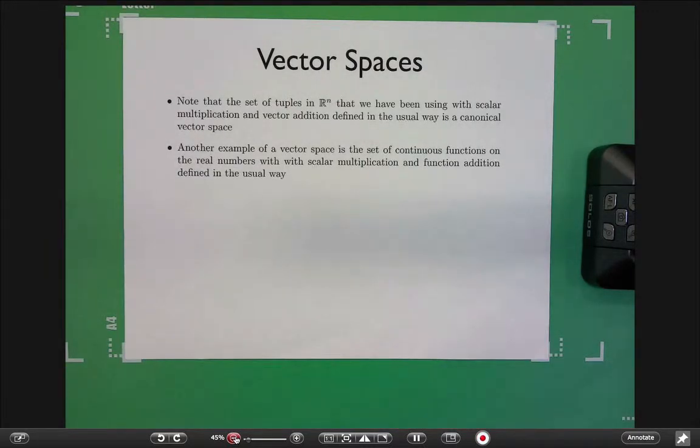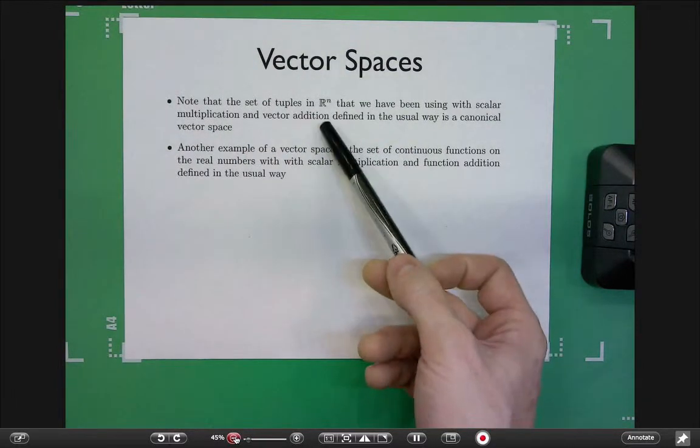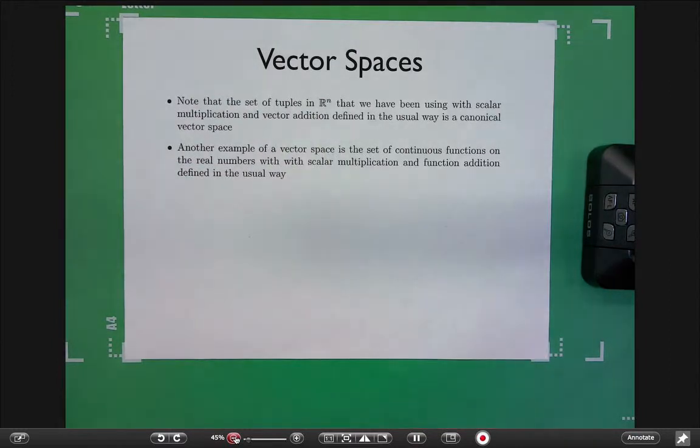And actually, we will have some examples of more interesting vector spaces, like the vector space of functions. That's sort of interesting, so we will use it. Mostly we'll be working with the R^n vector space, where scalar multiplication and vector addition are defined as you would imagine, as I already said many times.